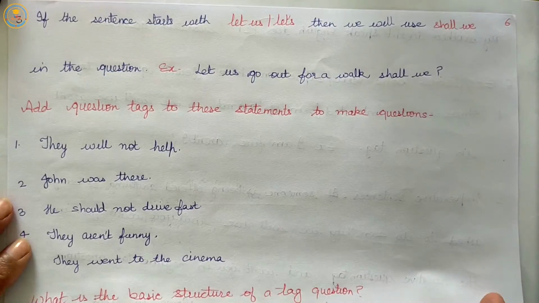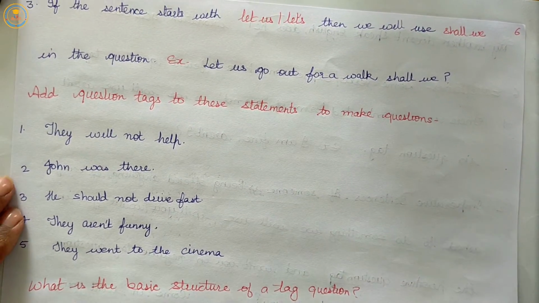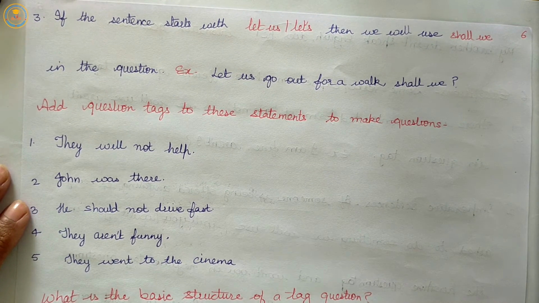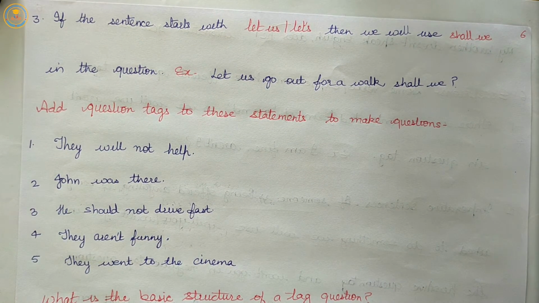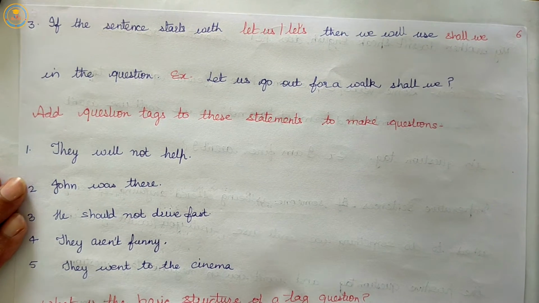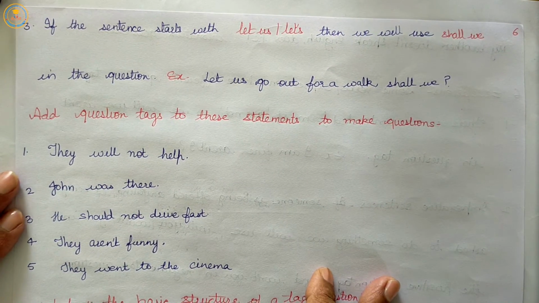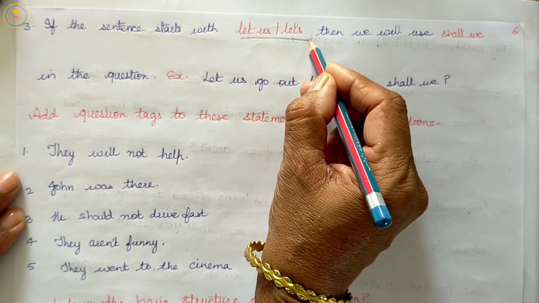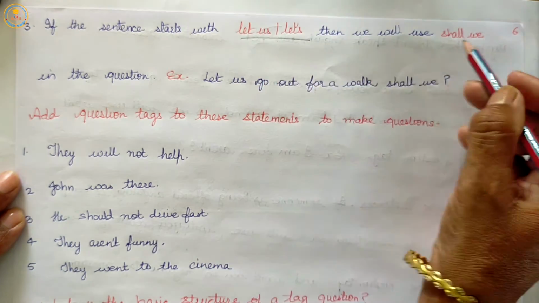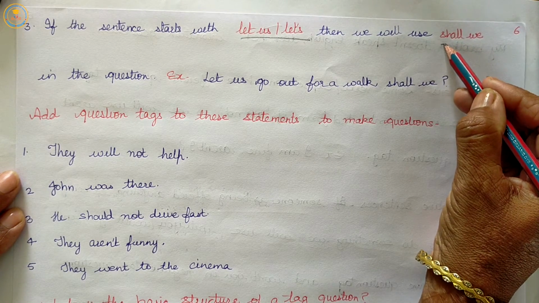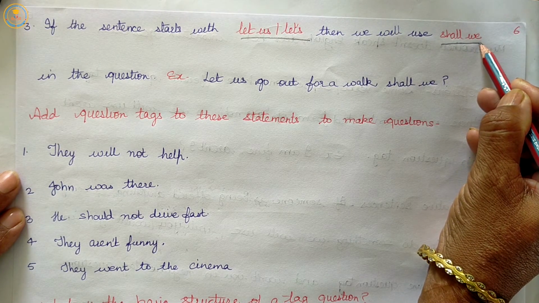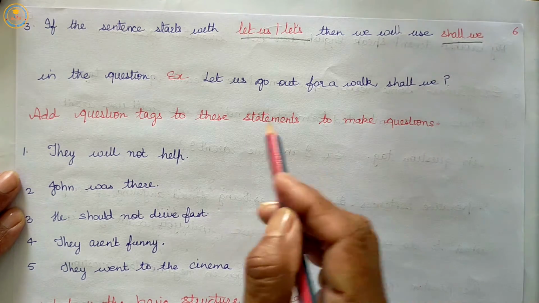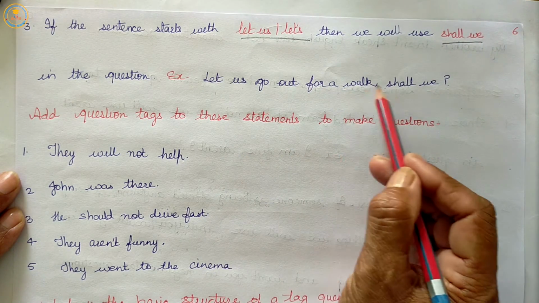If the sentence starts with let us, this is also another exception. Then we will use shall we. Sentences or statements having let us, then we will use shall we in the question tag. Example, let us go out for a walk.